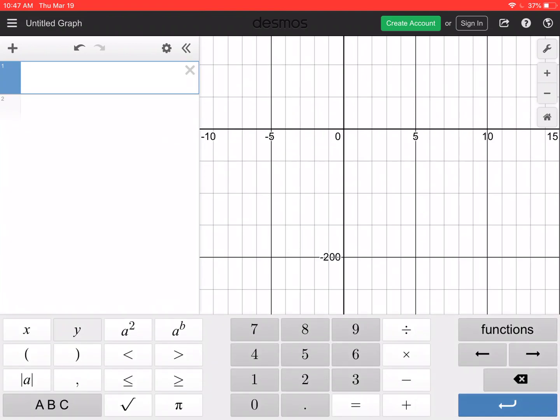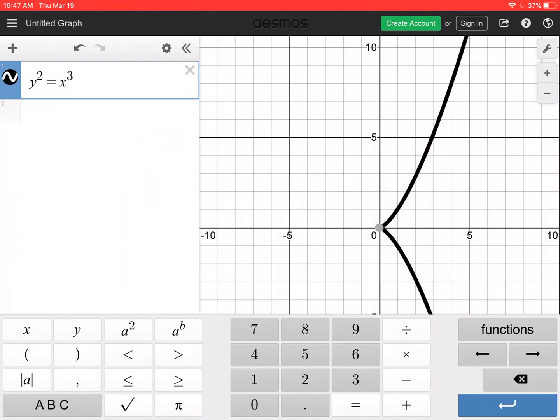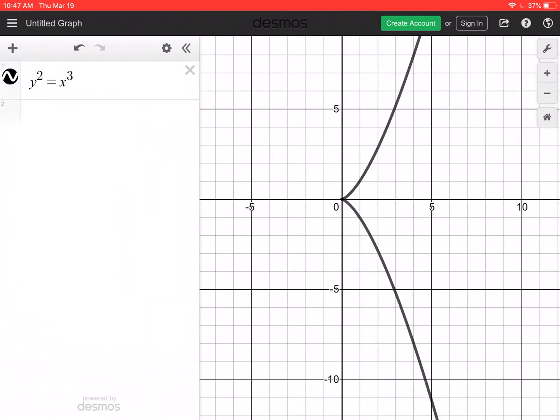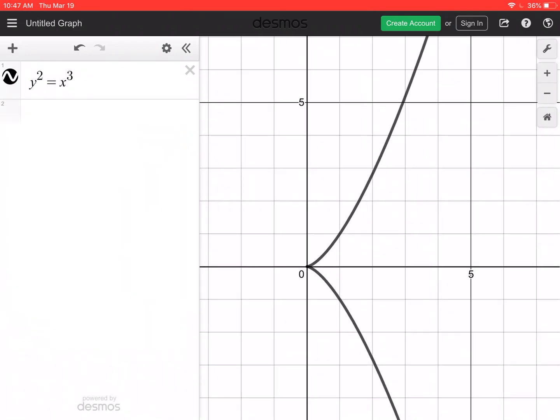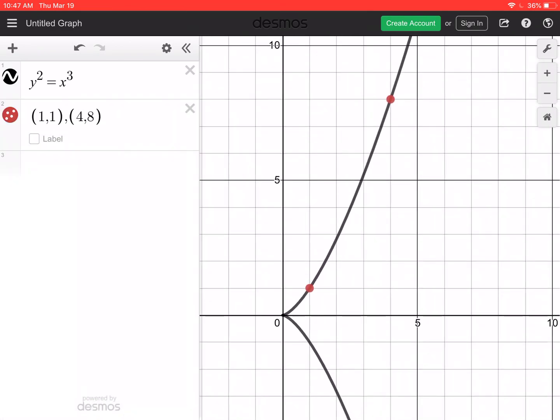So we have y squared equals x cubed, and we're looking at the portion of this curve from the point 1, 1 to the point 4, 8. So that's going to be right there.